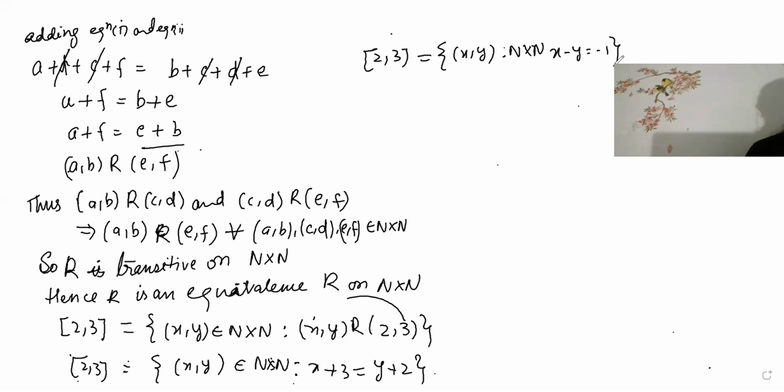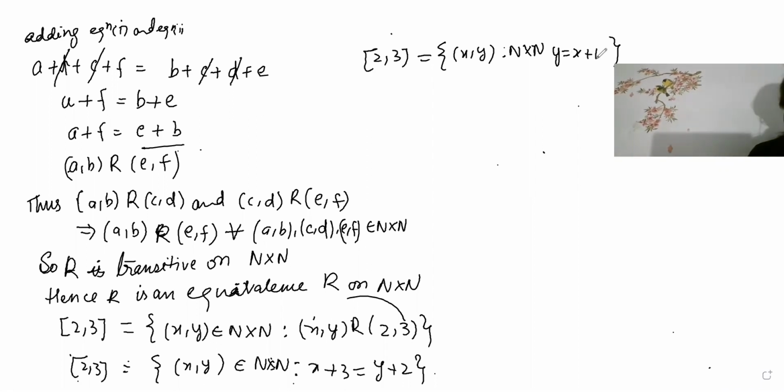So beta, when x minus y is equal to minus 1, you can write it as x is equal to y minus 1, or the simple way, y will be equal to x plus 1.